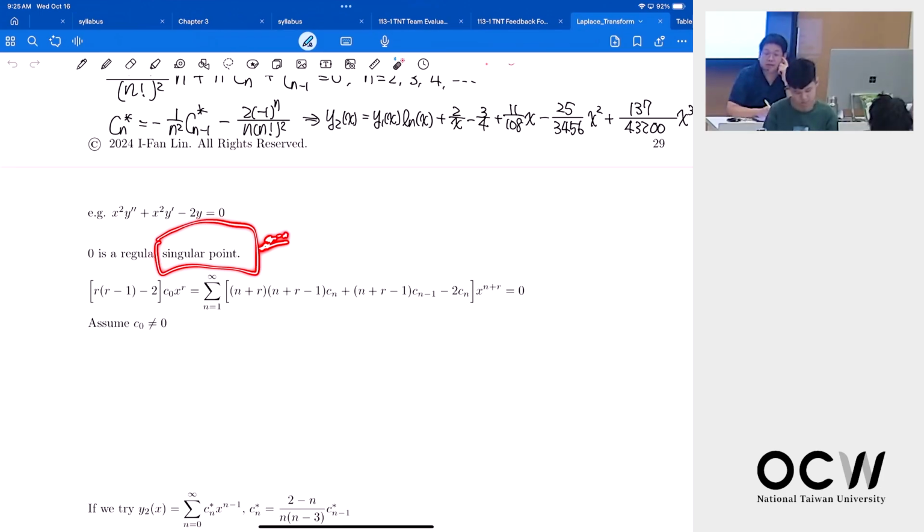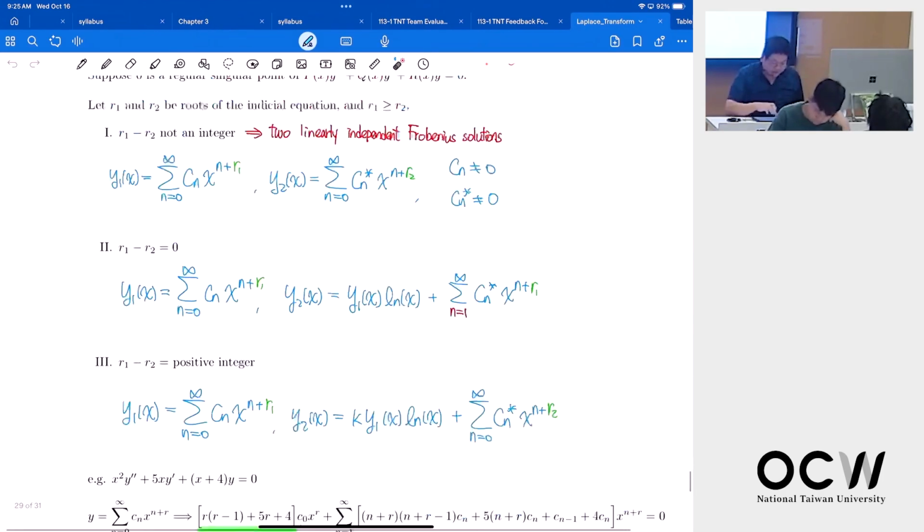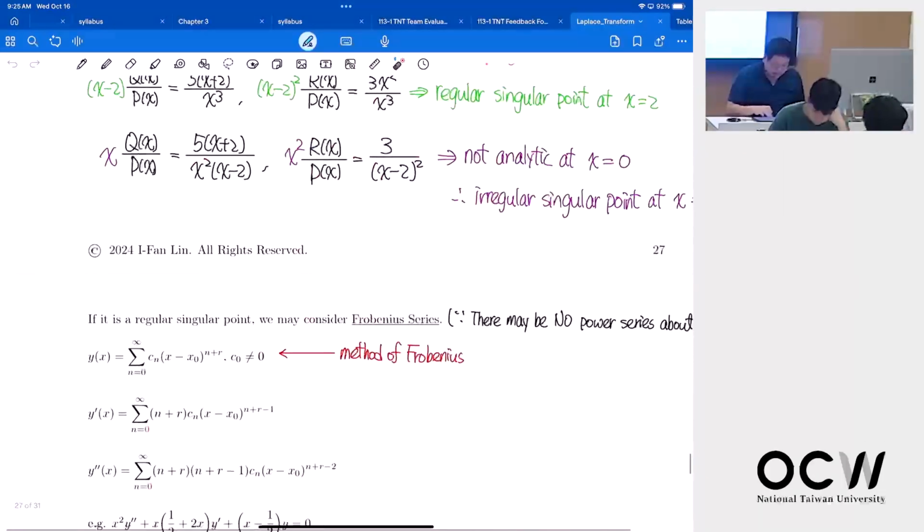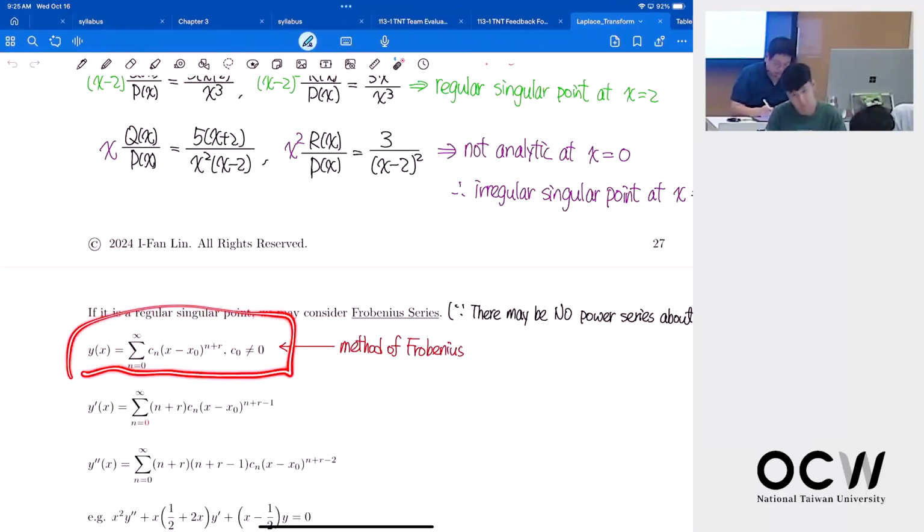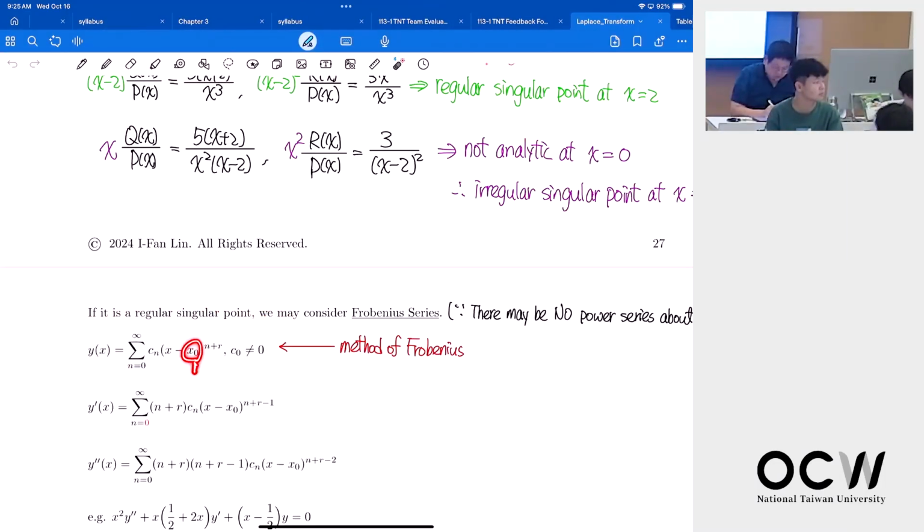So you can check that 0 is a regular singular point. So now we can use the Frobenius series. Okay, so now for the Frobenius series, this is our solution, and this is the expansion about a point. Now the power will be m plus r.